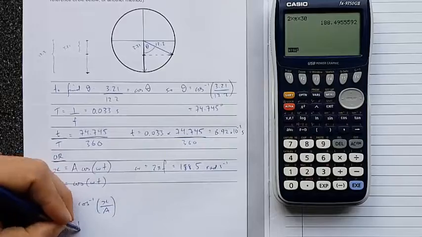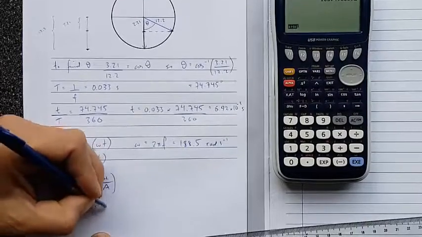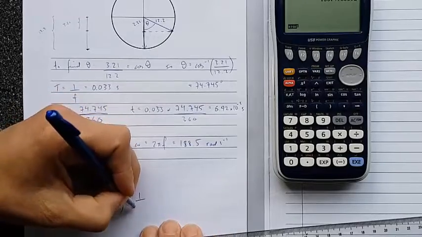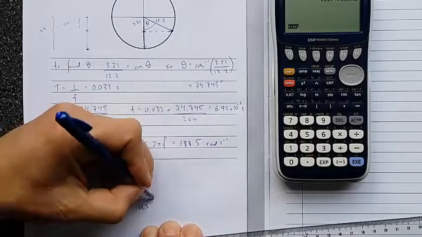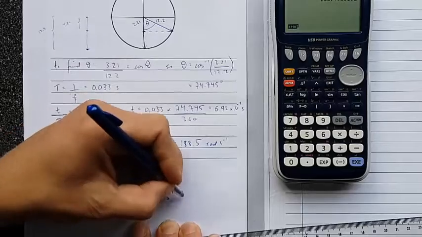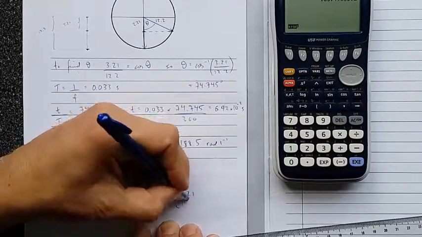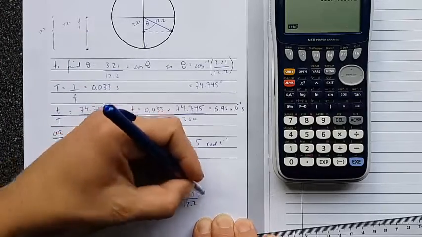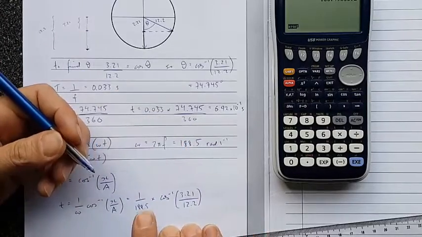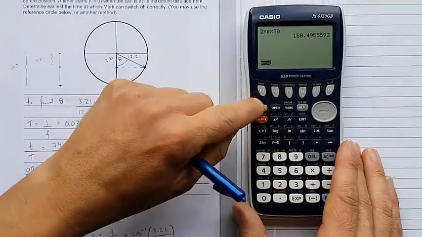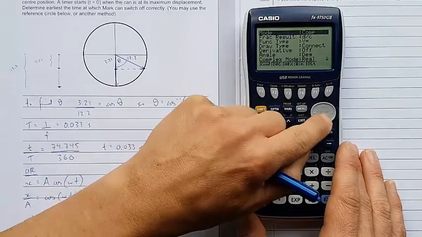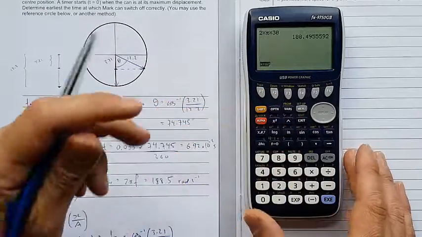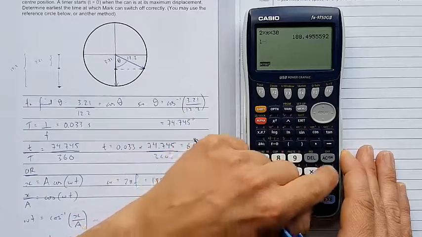So t is equal to 1 over omega inverse cosine x over A, which is equal to 1 over 188.5 times the inverse cosine of 3.21 over 12.2. And we need to be in radians for this, so we need to just shift our calculator to radians, and then we just plug in the numbers.